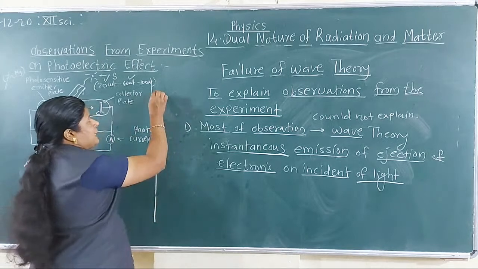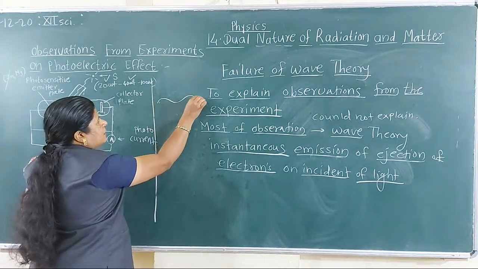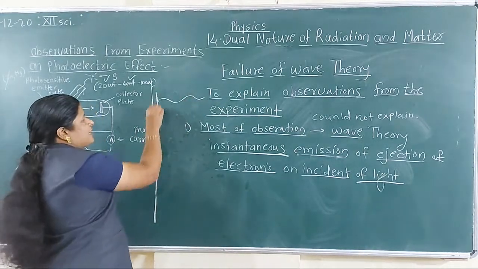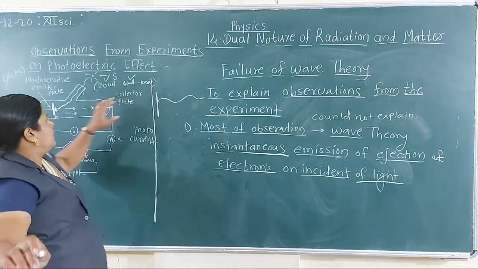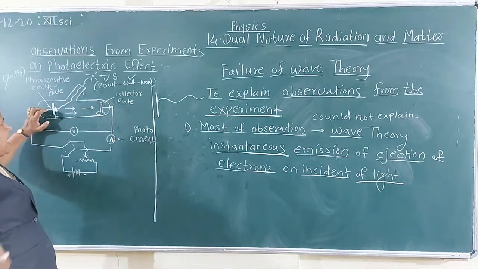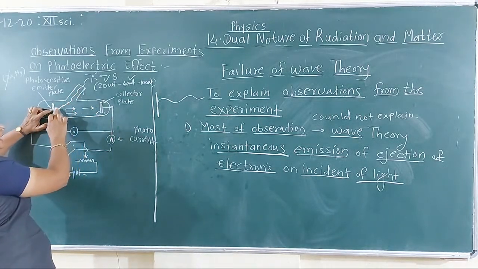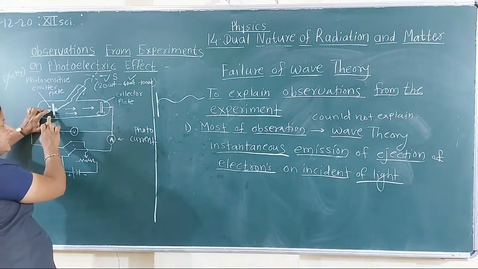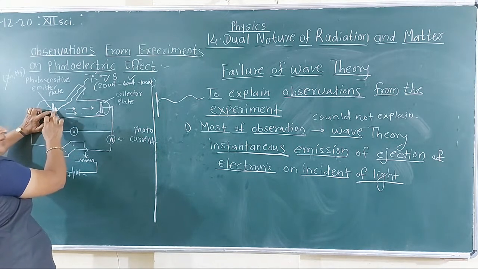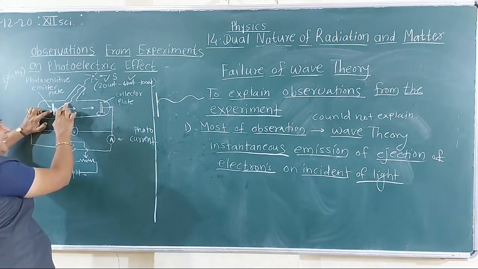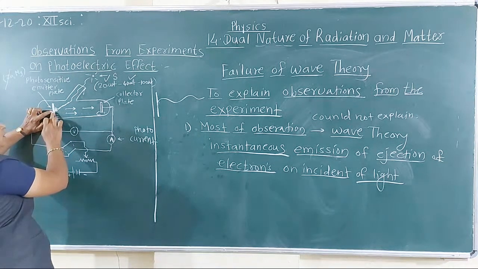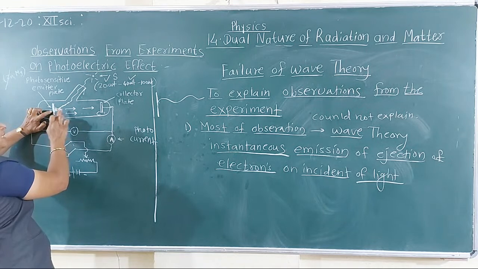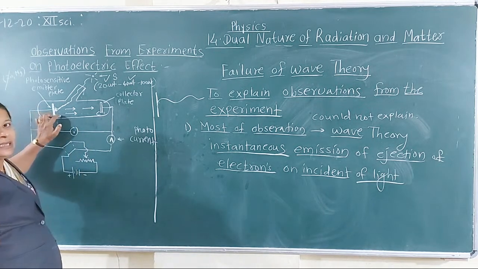Wave theory is like this. This we call a wave. And from this wave, we cannot explain why, as soon as light is incident on this emitter plate, as soon as electromagnetic radiation is incident on this plate, the electrons are ejected instantaneously.